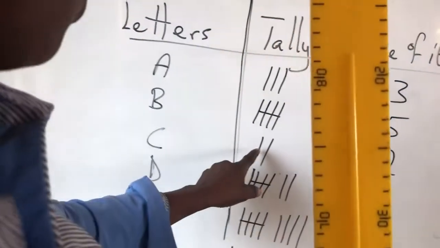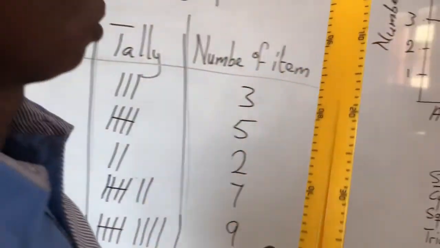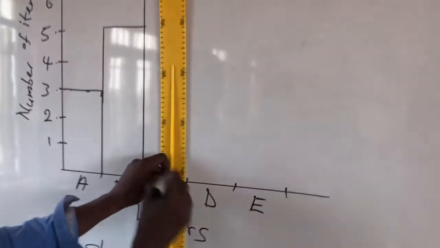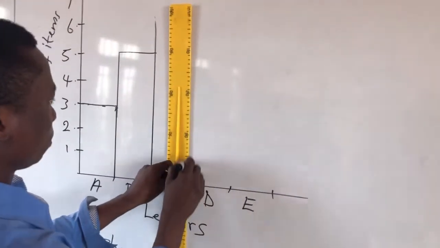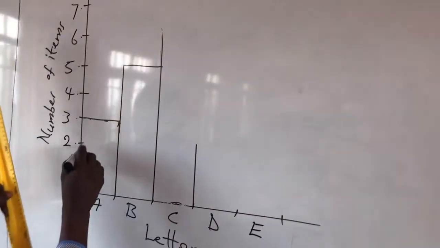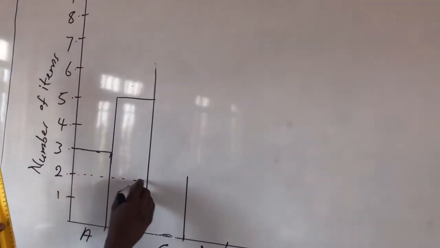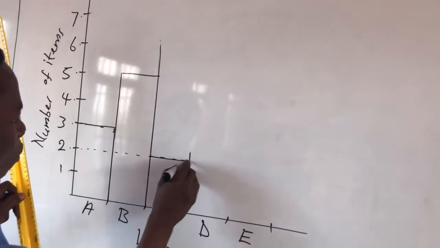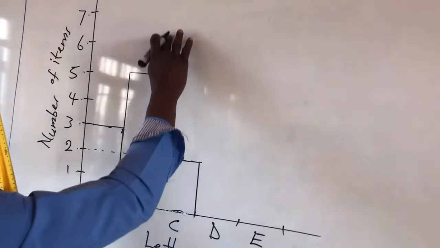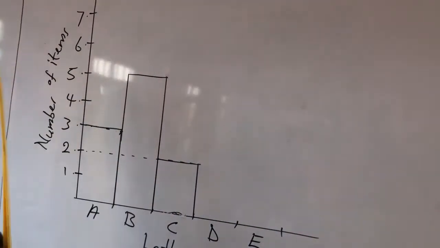The C is 2. So C, you trace to 2. I'm tracing to get my 2, so this is 2.